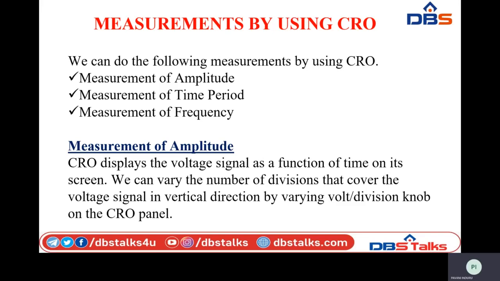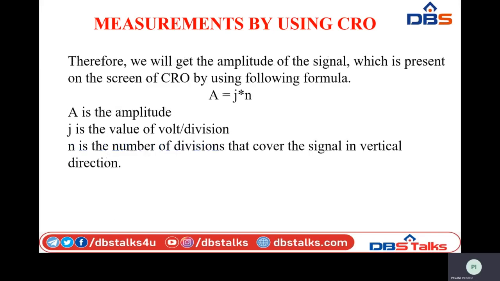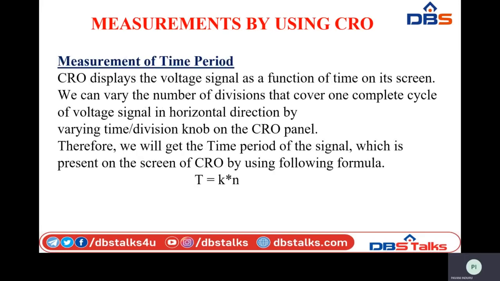Whenever we vary the volt per division knob, we will be able to calculate the amplitude with the help of the formula A = K × N. Here A is the amplitude of the signal displayed on the screen, K is the value of volt per division in the vertical section, and N is the number of divisions that cover the signal.